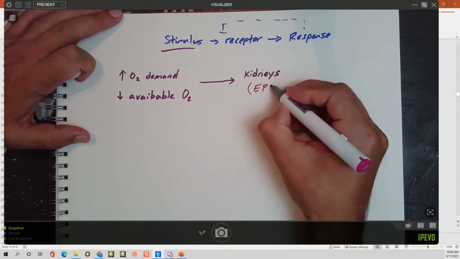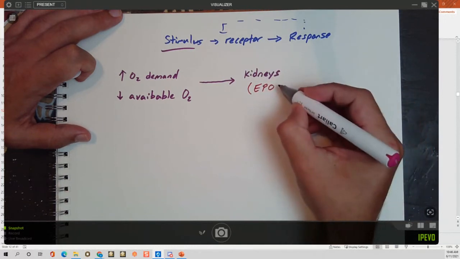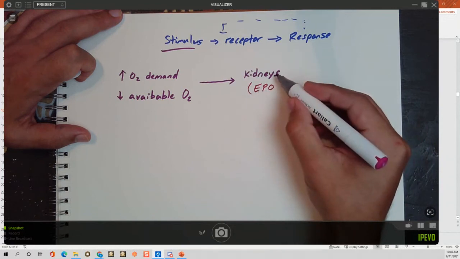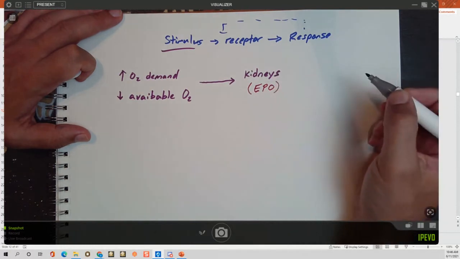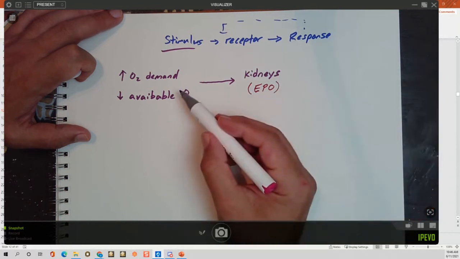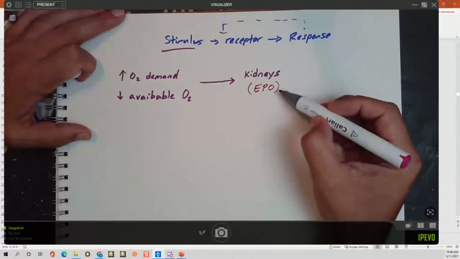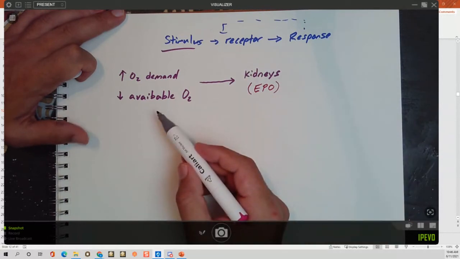Capital E, capital P, capital O stands for erythropoietin. This is a protein. It's already been synthesized by the kidneys, and it's sitting there waiting in vesicles. As the oxygen demand or oxygen availability changes, the kidneys can release either more or less erythropoietin, depending on how much oxygen is there.